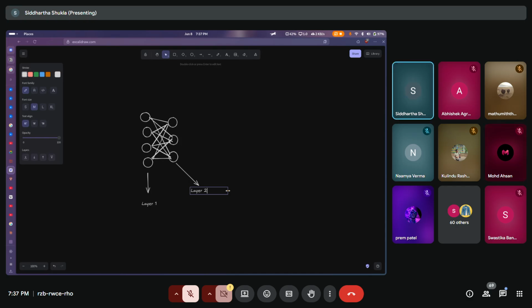The first layer is going to handle feature extraction from whatever you feed into the input, and it's going to take the inputs and send them off to the second layer.